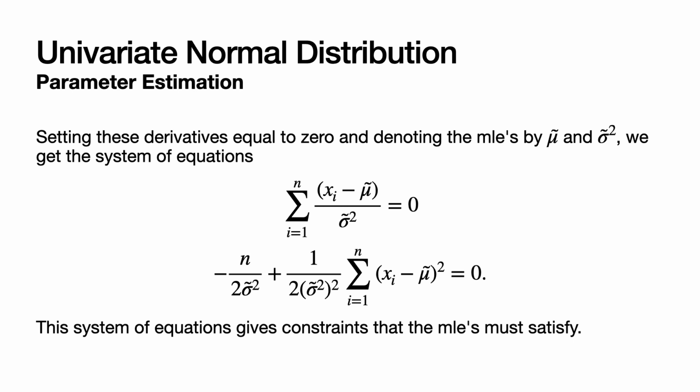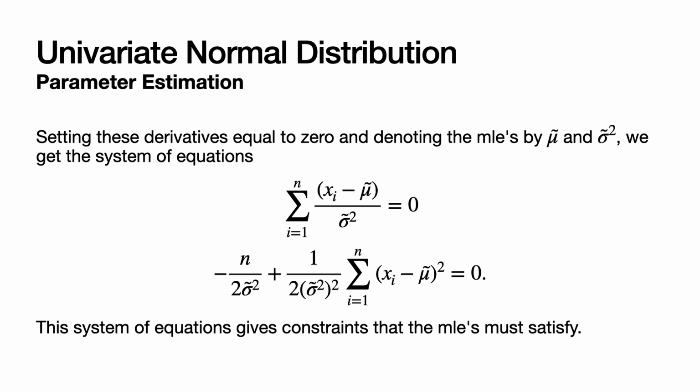And the second equation in the system is negative n over 2 times sigma tilde squared plus 1 over 2 times the square of sigma tilde squared, that quantity times the sum, i going from 1 to n, of x sub i minus mu tilde quantity squared. And again, we set that equal to 0, and that gives us the second equation in the system.